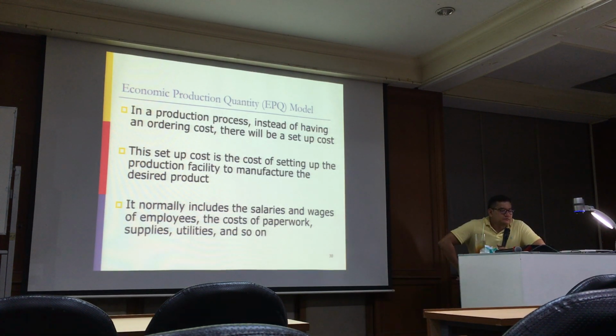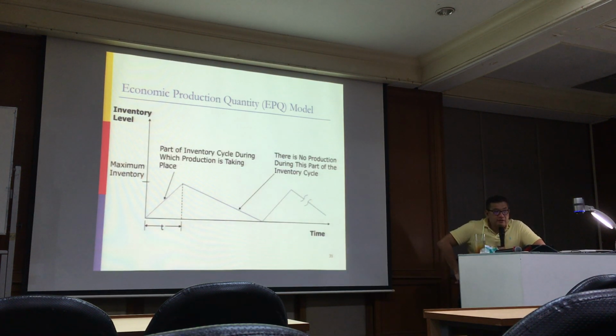The setting up cost is the cost of setting up the production facility to manufacture the item, which is why we call it setting up cost. It normally also includes the salary and wages of the employees, paperwork, and so on. Okay, so this figure of the graph is going to explain everything.